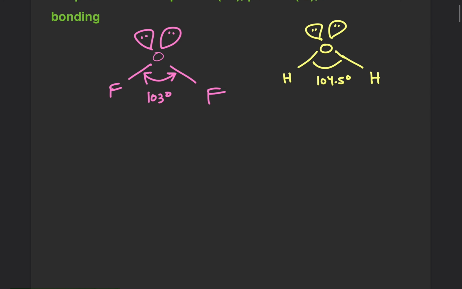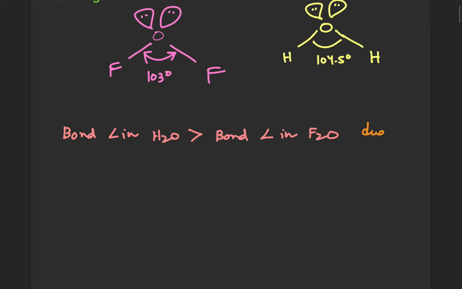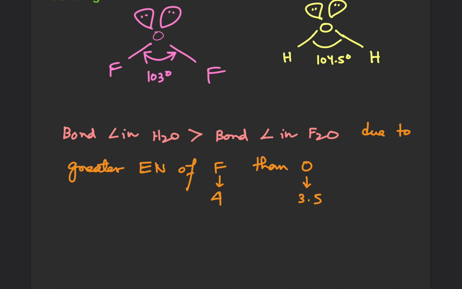So the observation is that the bond angle in H2O is greater than the bond angle in F2O. This is due to the greater electronegativity of fluorine than oxygen. Fluorine has an electronegativity of 4, O has 3.5.